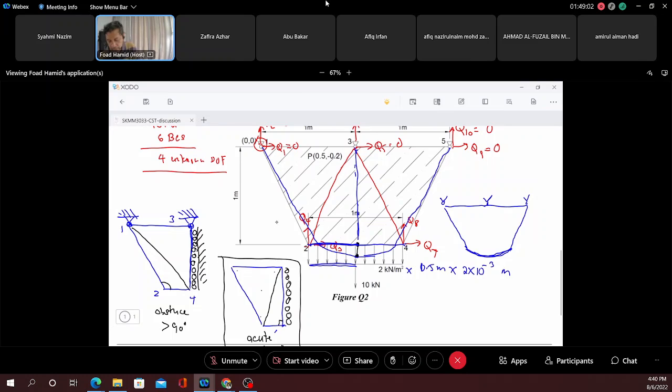So meter and meter cancel out, and we have about 2 kilonewton of load from this point to this point. Simple one. This is not from your finite element, this is just from maybe your static analysis.